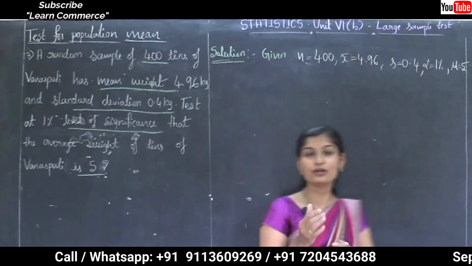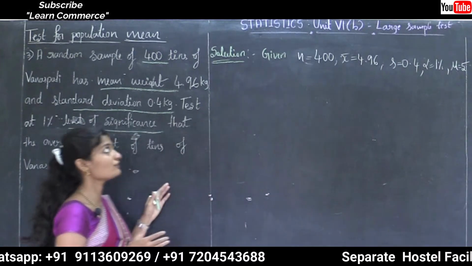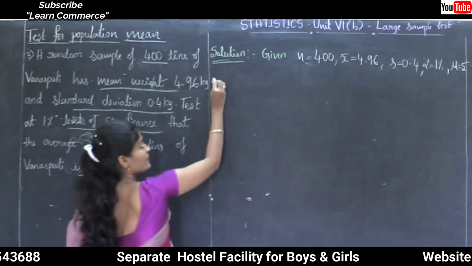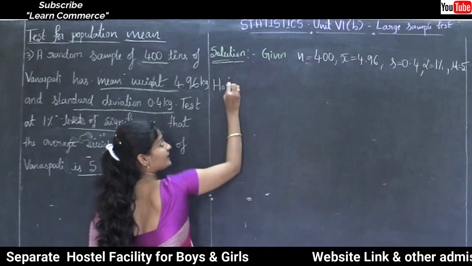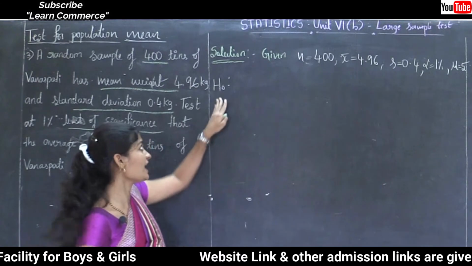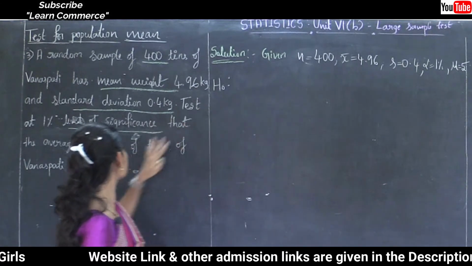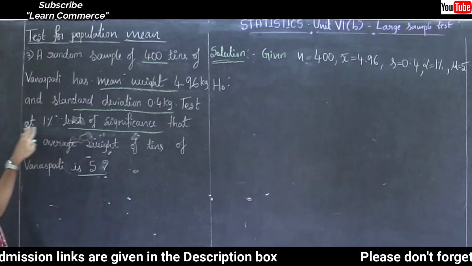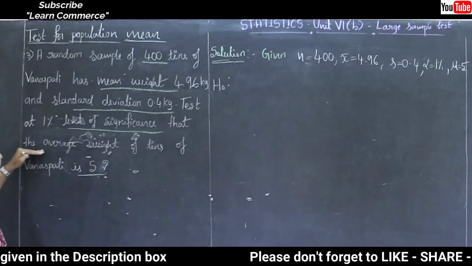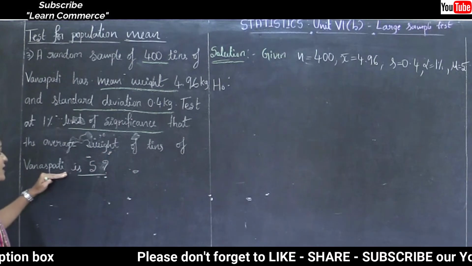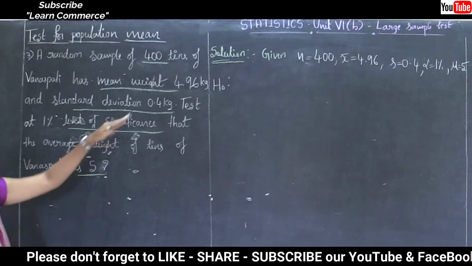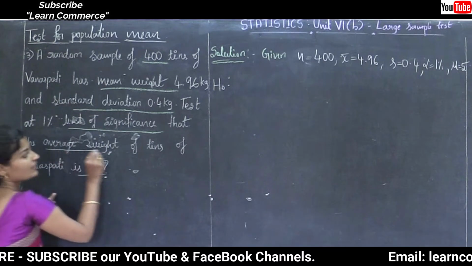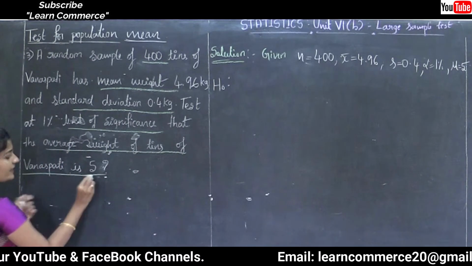Okay, next, what are the test procedures of test for population mean? Step 1 is setting up of null hypothesis, and null hypothesis is denoted by H naught. See the sentence, here we need to write at 1% level of significance that average weights of tins of vanaspati is 5.